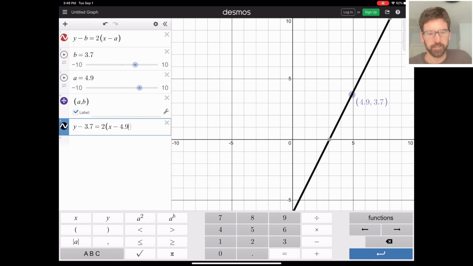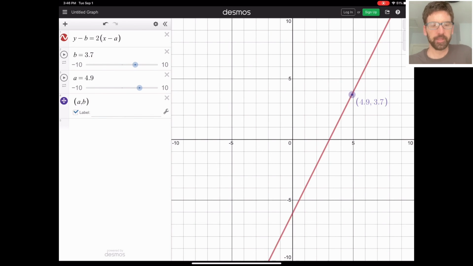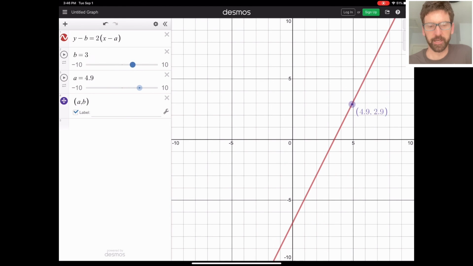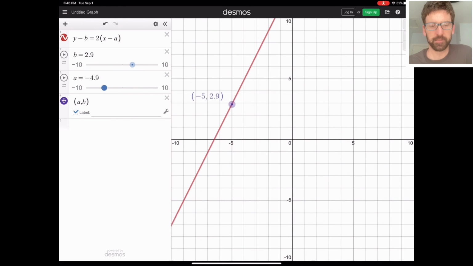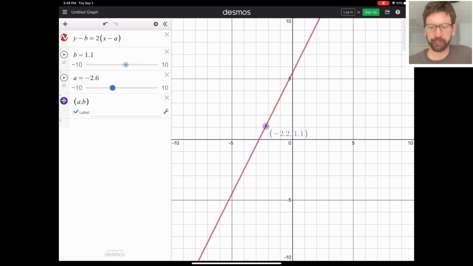So you can see the lines overlap. As I get rid of the red one or the black one, you can see they're the same line. The sliders just allow us to visually see that we're using the sliders to pick the point that we're using for point-slope form.